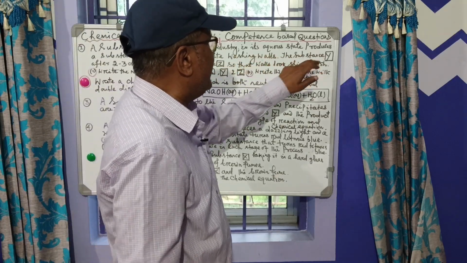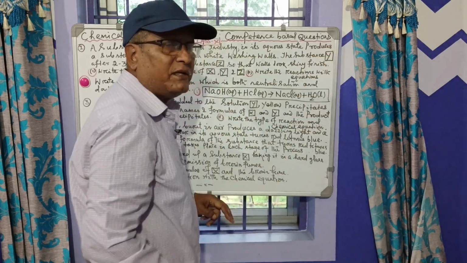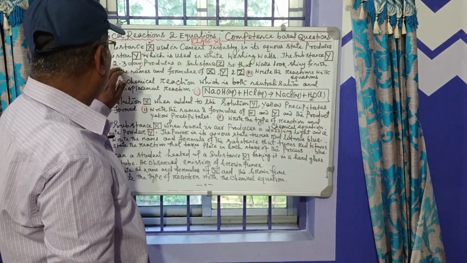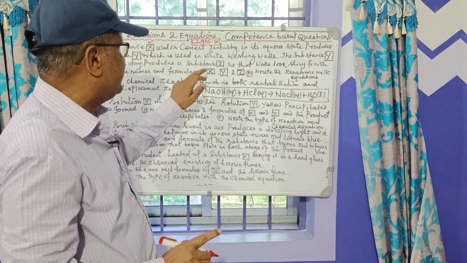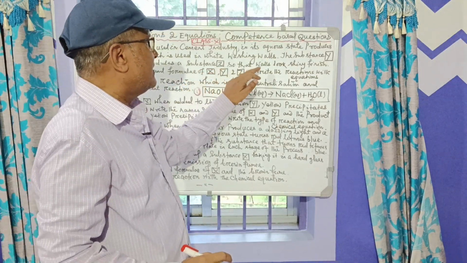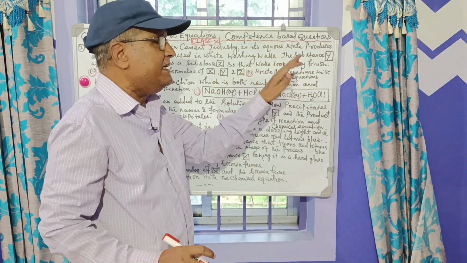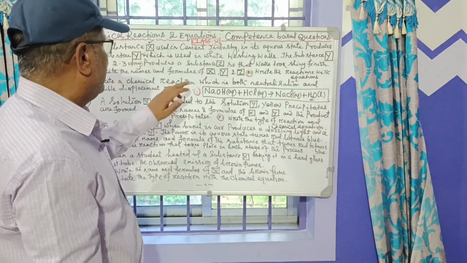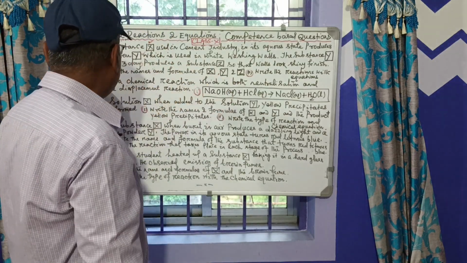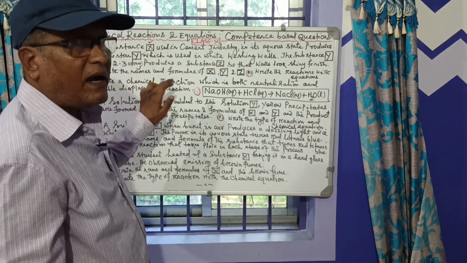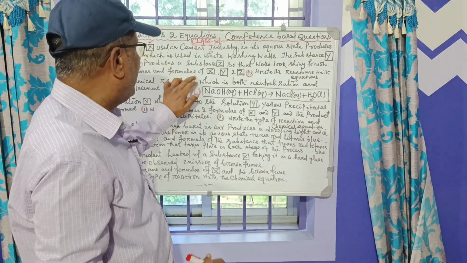The substance Y, after 2 to 3 days, produces a substance Z so that walls look shiny finish. So the question, here two questions, bit 1, write the names and formulae of X and Y.